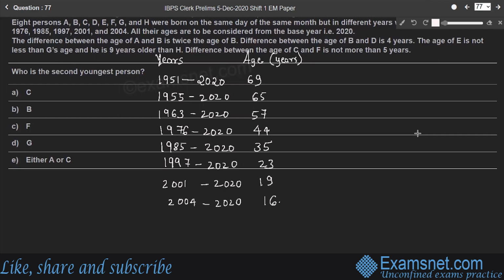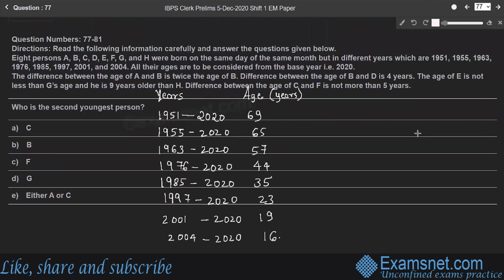So here, based on the information given, the difference between age of A and B is twice the age of B. We have to find who is born in which year, in the third column, person.